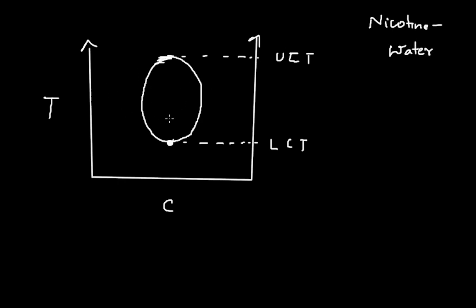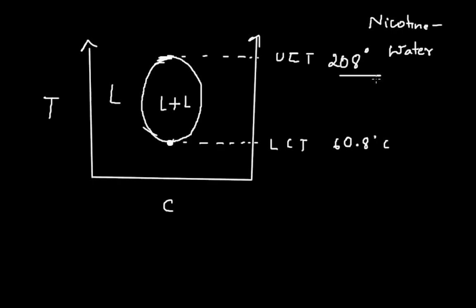where inside this circle you have two liquids, and outside is only one solution, which means it is soluble in all proportions. For nicotine, the lower consolute temperature is around 60.8 degrees Celsius, and the upper consolute temperature is 208 degrees.